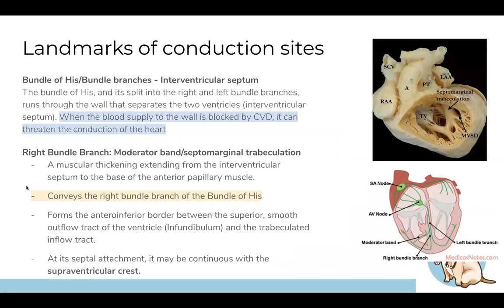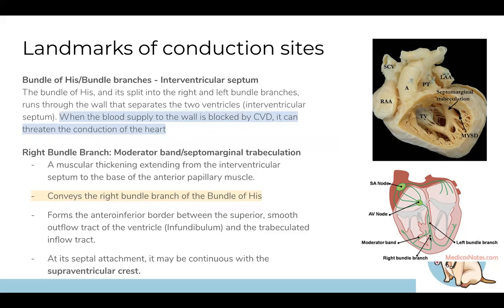A couple more landmarks. The bundle of His is basically just in the interventricular septum. There's nothing in particular. As you can see, here's the wall, here's the bundle of His, and here are your bundle branches. They just run through the wall. The important thing is that because it runs in this wall, there is a specific blood supply that goes to these parts of the septum.